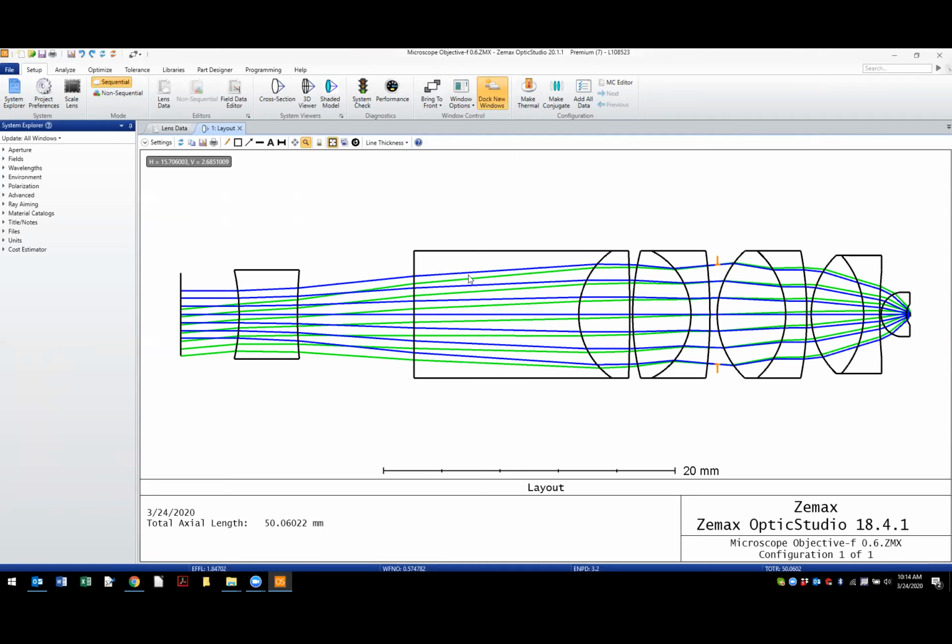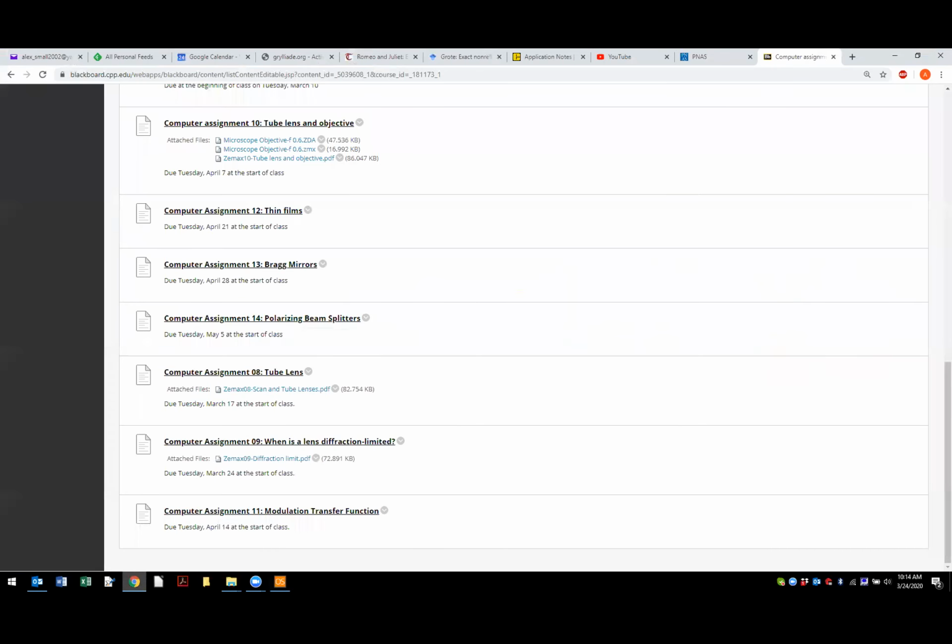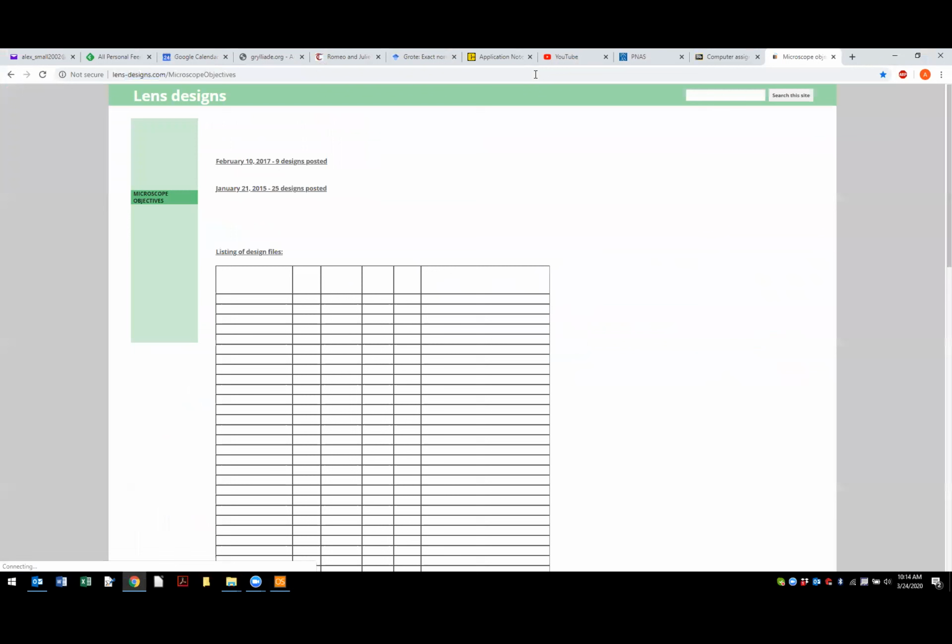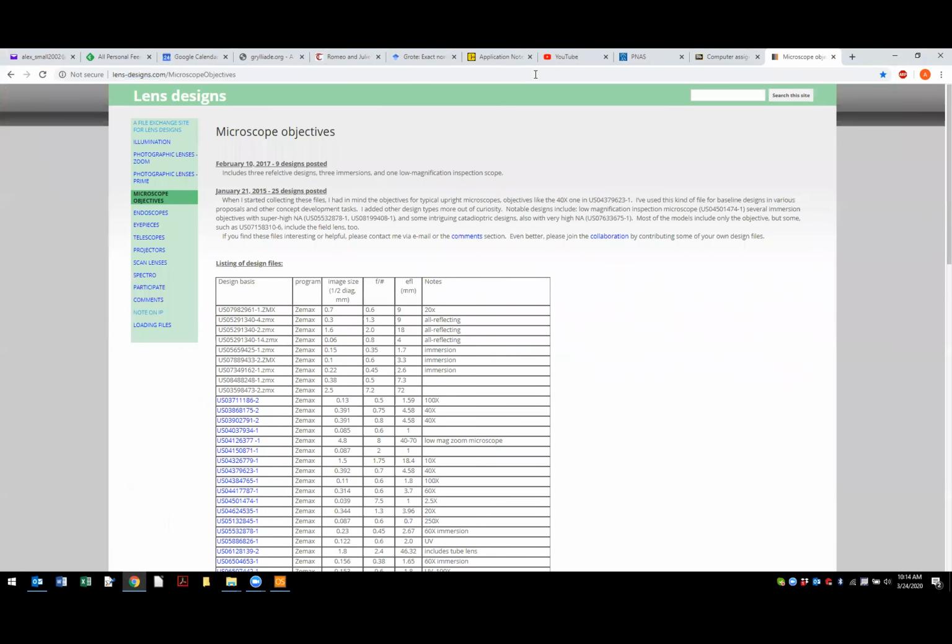All right. If you still need another minute to download that, I'm just going to open it. I'm just going to tell you a little bit about where I got it. I got it from this website. And the person who runs this website claims that all of these files on here are US patent numbers.